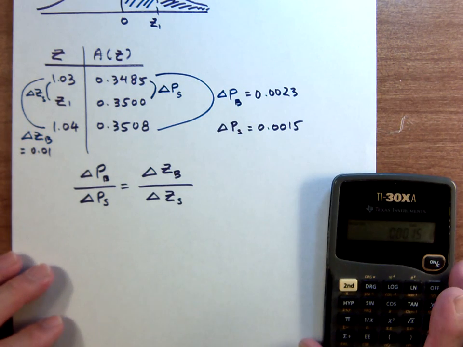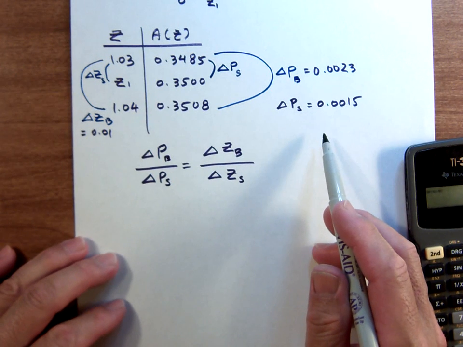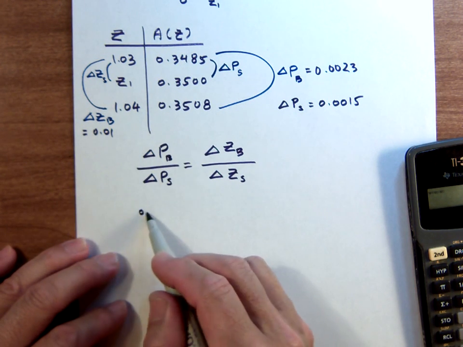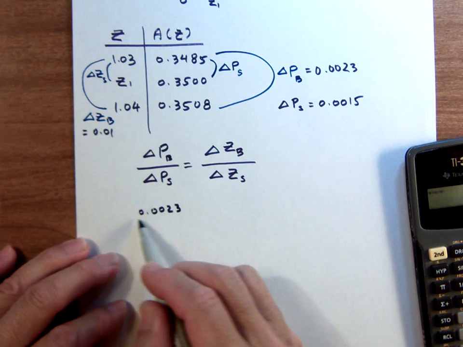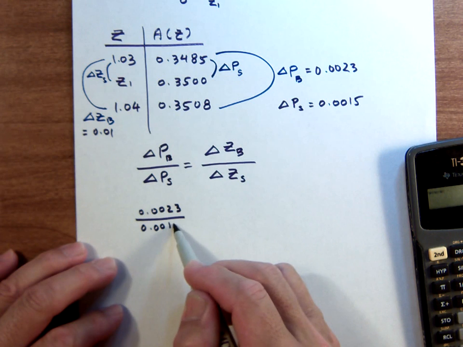Now we are ready to input these numbers. So what we got is this. Change in PB, 0.0023, over change in PS, 0.0015.